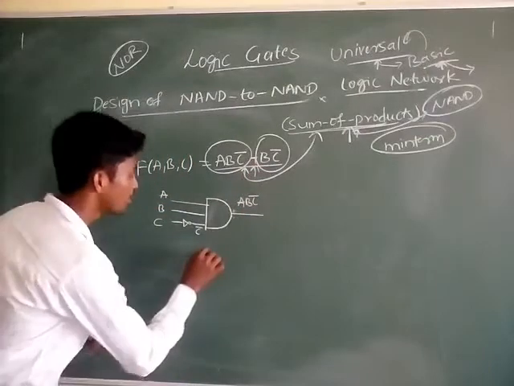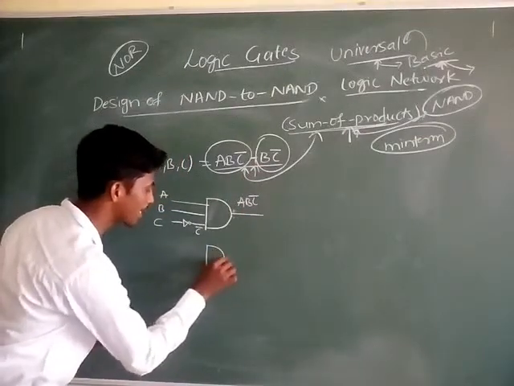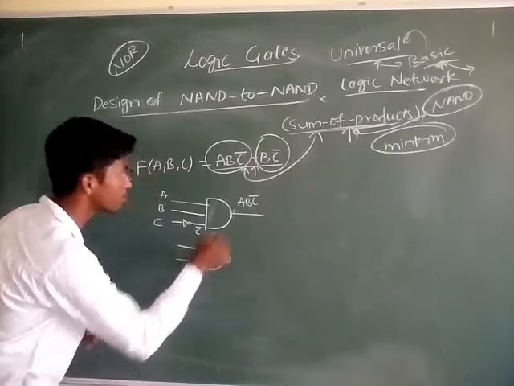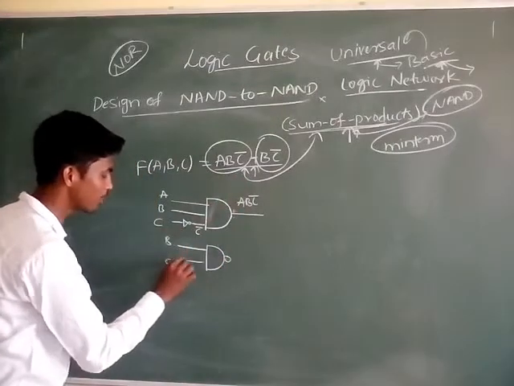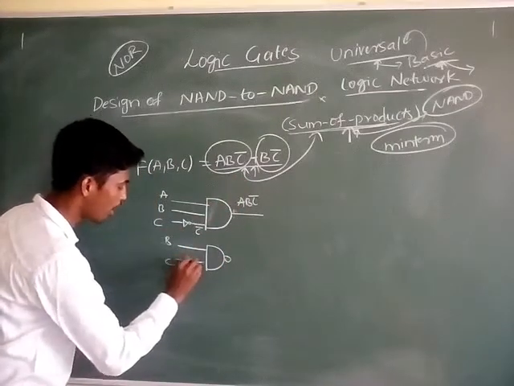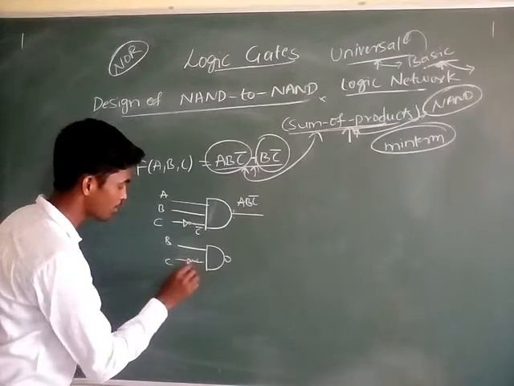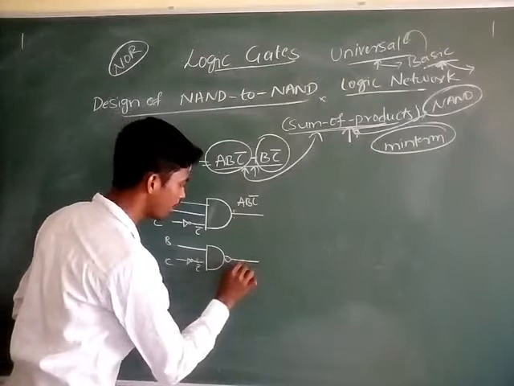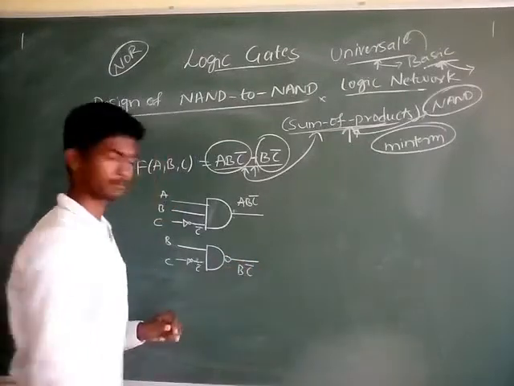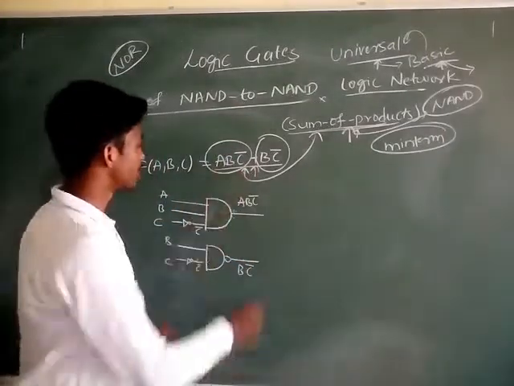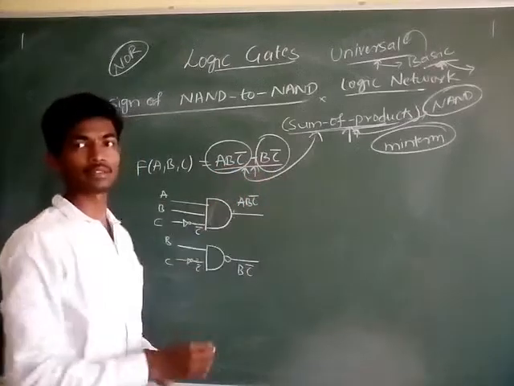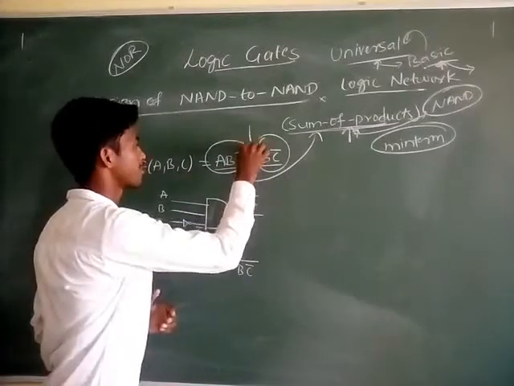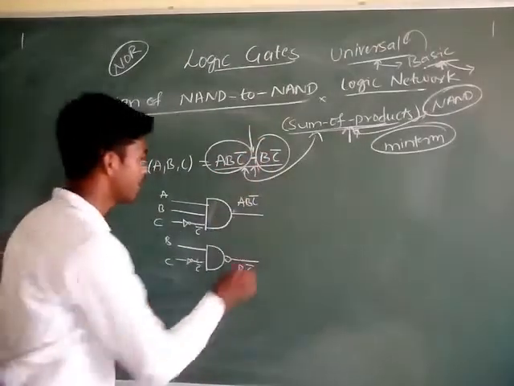And for this one, we have to include another AND gate with the two inputs B and C complement. Again, we have to include a NOT gate here for C complement. So finally, we will get B into C complement. And between these two AND gates, we have the OR operation, or a logical addition operation.